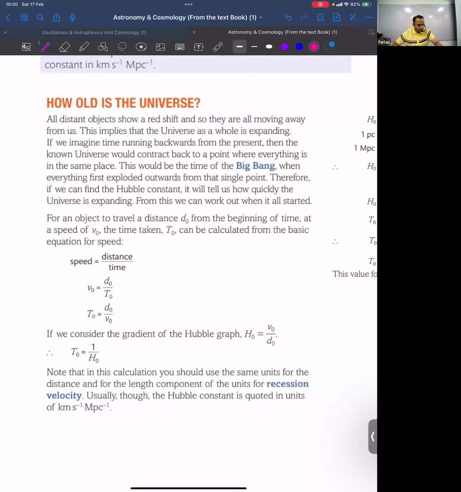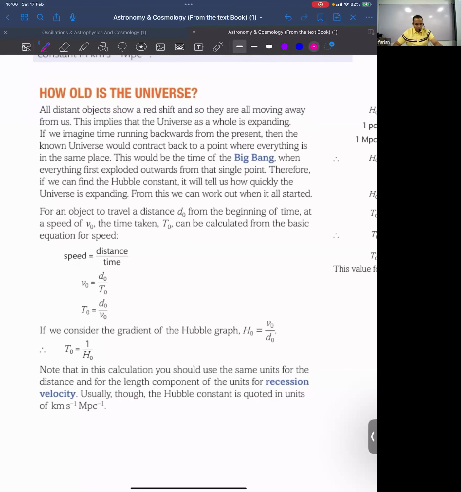For an object to travel a distance d naught from the beginning of time, at a speed of v naught, the time taken is t naught. Using the equation speed equals distance over time, v naught equals d naught over t naught, and t naught equals d naught over v naught. All this is not necessary for you. I'm just telling you, by using this, you can find that the time is equal to 1 over H naught.